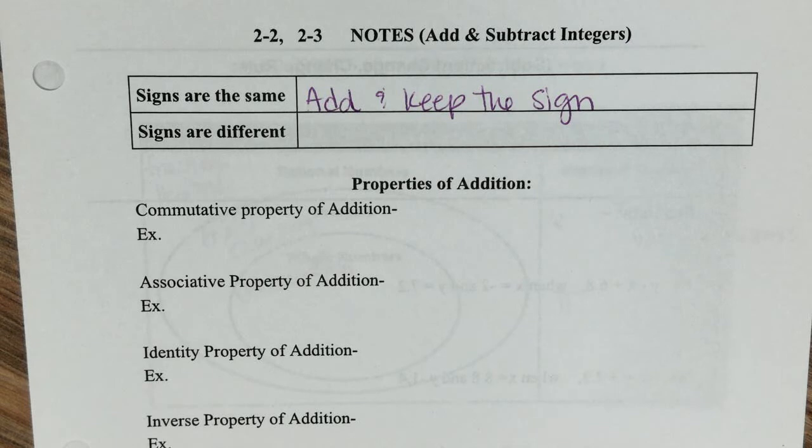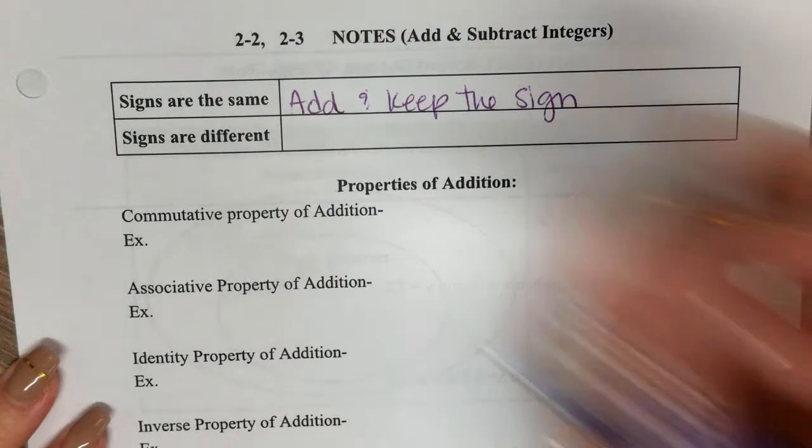Okay, what do you do when the signs are different? Let me give you all an example before you start shouting stuff out. Like, what am I going to do if I'm adding negative 2 plus 3? I subtract first and then keep the sign of the heavier number, right? You want to say larger, but technically that's not the right way to say it. But y'all know what I mean, yes? So you actually find the difference.